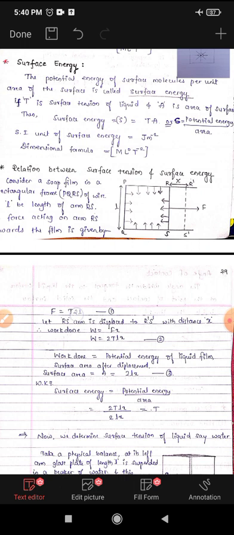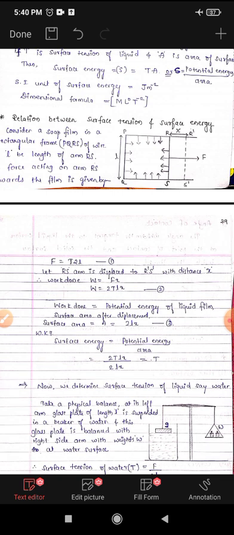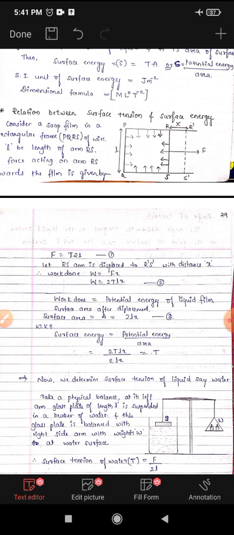Here we have taken 2 times because the soap film has 2 surfaces. That's why we have taken the 2 here. So F is equal to T2L is the force acting on the arm RS towards the film due to the surface tension of the film. Take it as equation number 1.